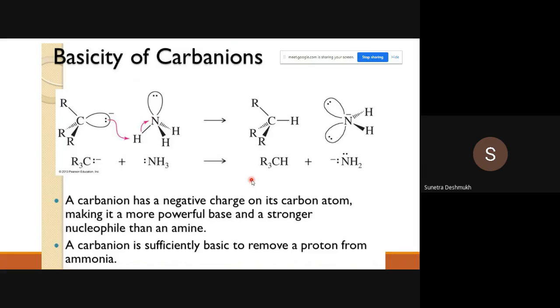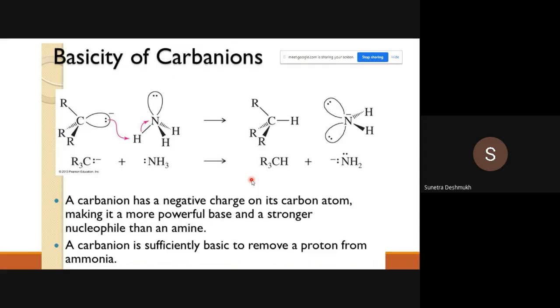Now we are going to learn in this slide how carbanions act as a base. Once we generate a negative charge on the carbon atom, like in the Grignard reagent CH3MgBr, the CH3 carbon possesses a negative charge and shows high basicity.